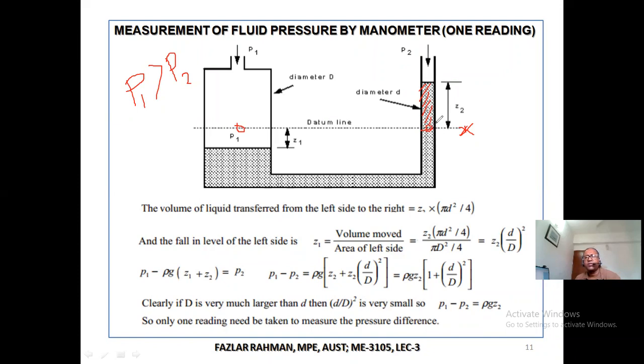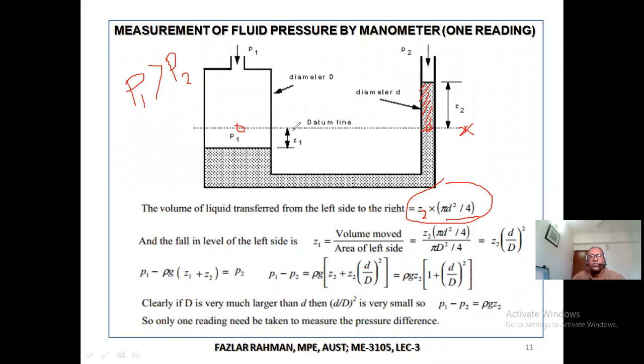So we can figure out this volume of the liquid. Diameter of this small tank is d, so area is pi d square by 4. And what is the height of the liquid? Z2. So this is the volume, and this much volume transfers from left side to right side.